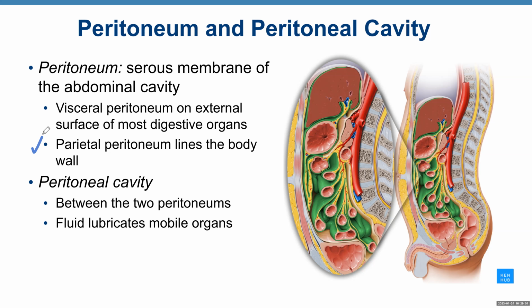Parietal peritoneum lines the body wall. So if you see here, we have another layer that covers the abdominal wall. Peritoneal cavity is between the two peritoneums, and fluid in the peritoneal cavity is serous fluid. It lubricates mobile organs.